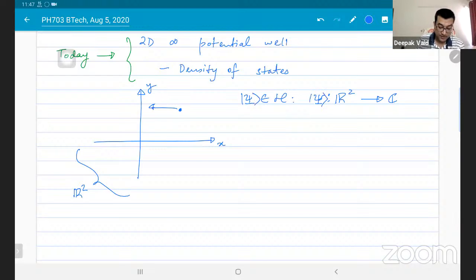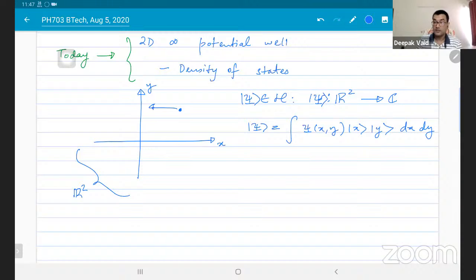Then again, we can define position eigenstates. But now our position eigenstates should be of how many types? There should be two types of position eigenstates, ket x and ket y.